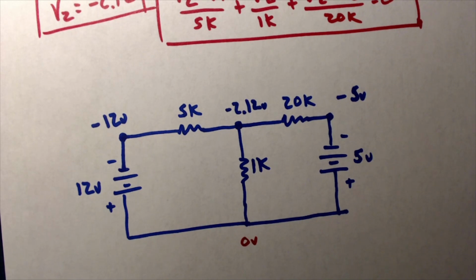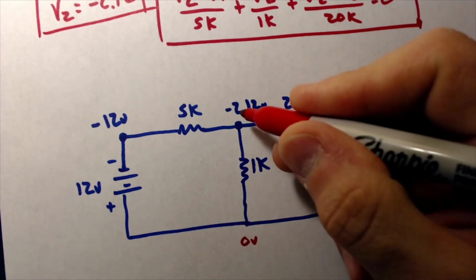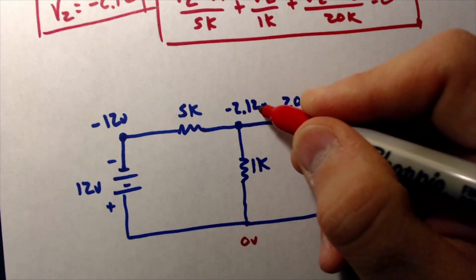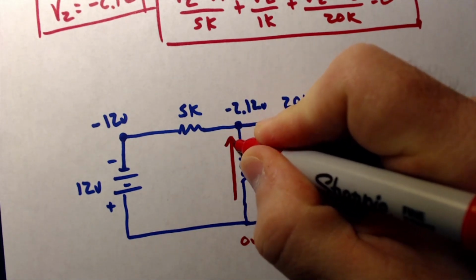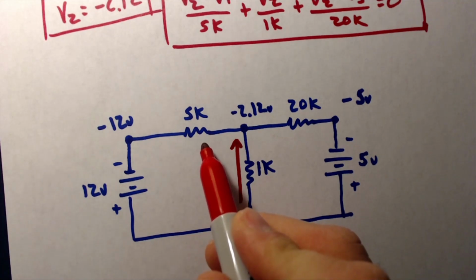When we were solving previously, the currents we were assigning were just for the sake of writing those equations out. So over here, our real current looks like it's going from 0 to minus 2, right? It always goes from a higher to a lower. Minus 2.12 is lower than 0, so our real current is going up. Same thing over here with this 5K.